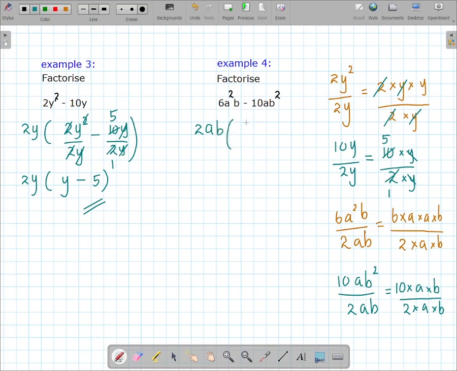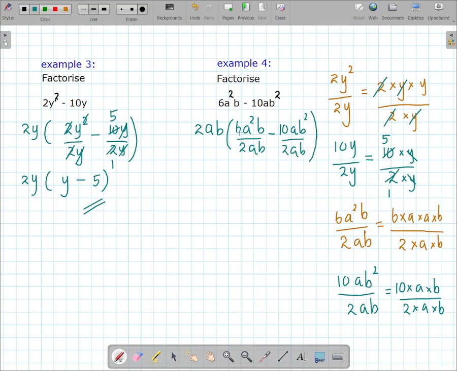Open bracket. Then 6a squared b over 2ab minus 10ab squared over 2ab, close bracket.